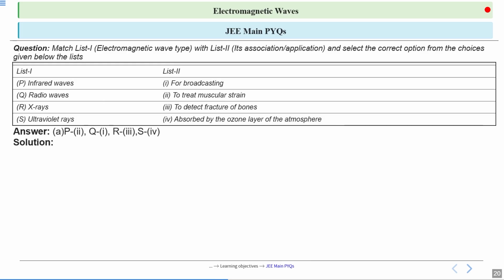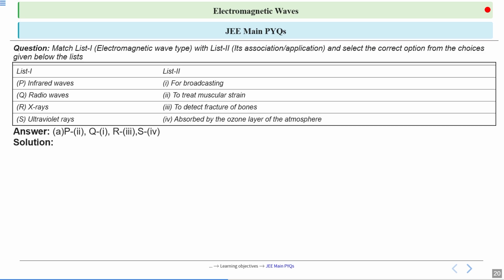So let's see the solution. Option A is correct. P with second means infrared waves to treat muscular strain. We have discussed it: one of its applications is therapeutic, it is used for therapy to treat muscular strains or joint pains. Q is associated with 1, means radio waves for broadcasting, for broadcasting radio signals, for television, for mobile phones.